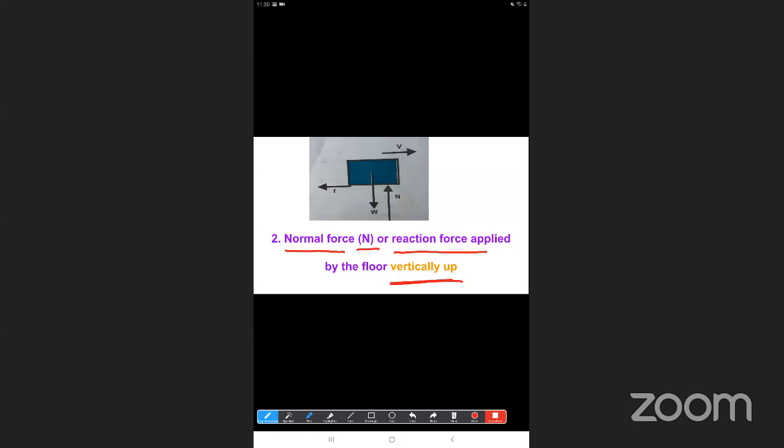It is denoted with N. So gravitational force acts on the book vertically down, and this normal force is applied by the floor vertically up.